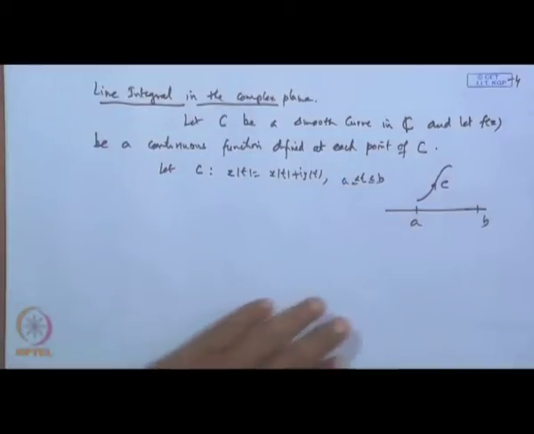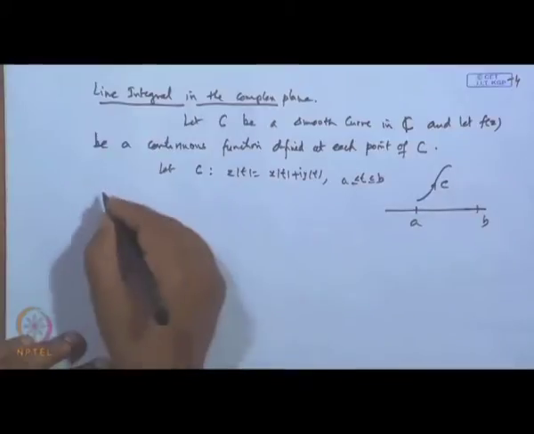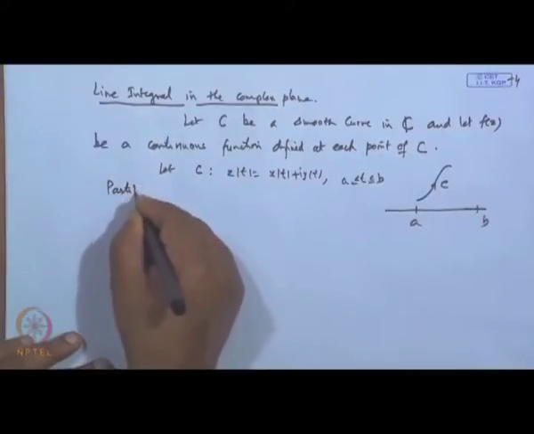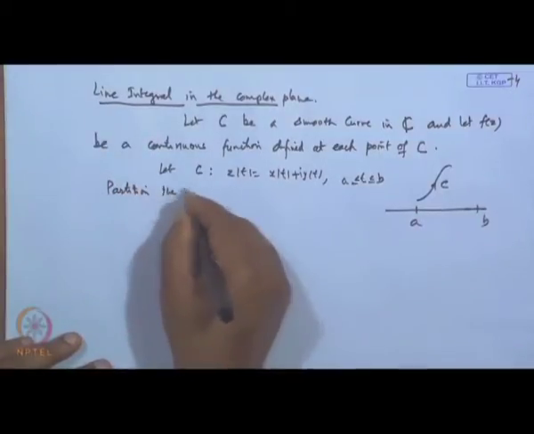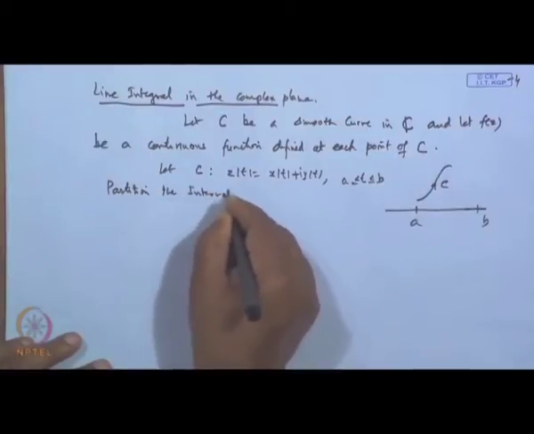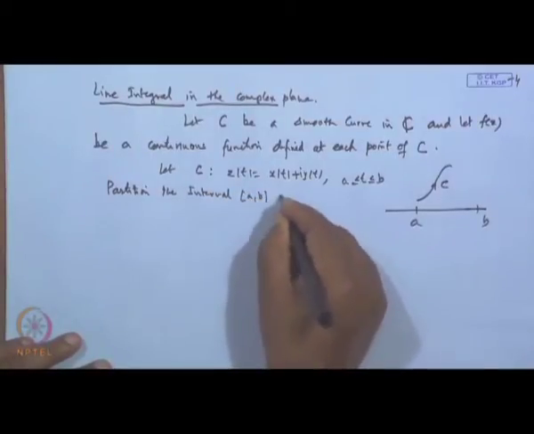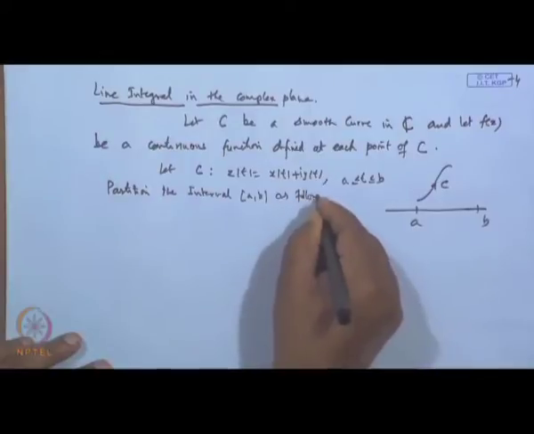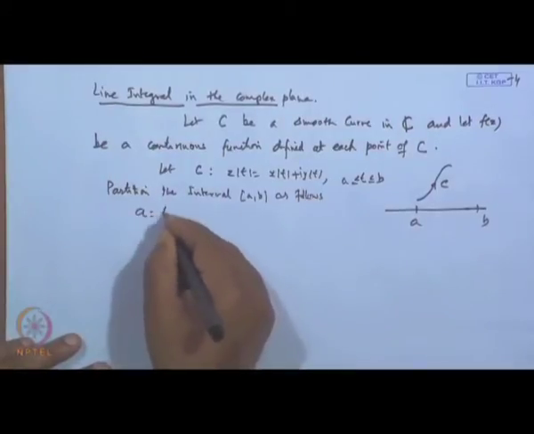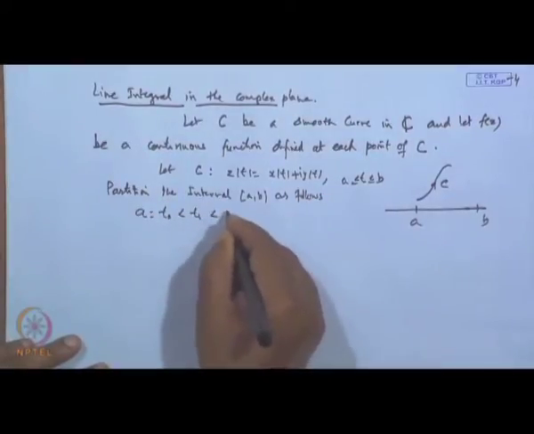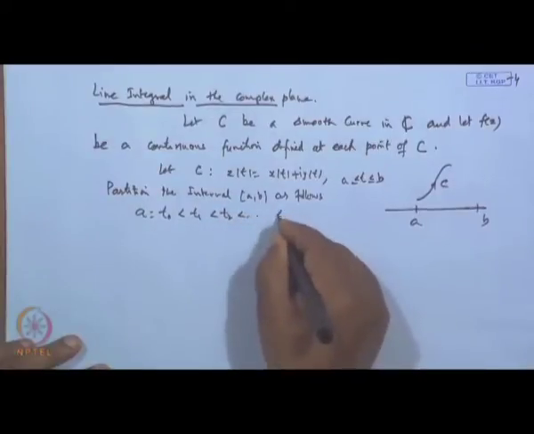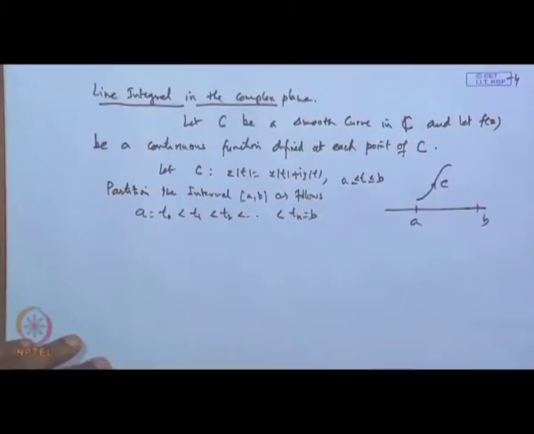Partition the interval [a, b] as follows: a = t0 < t1 < t2 < ... < tn = b.